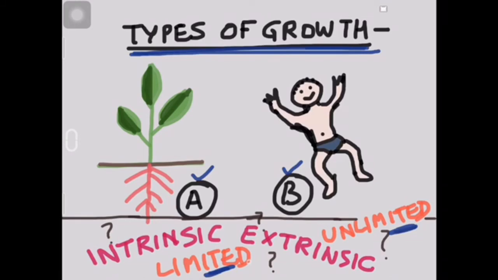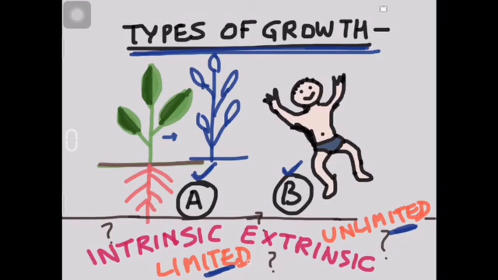Let us come back to A and B. This is a plant. Does it show growth? Yes, it is a living being and it will show growth. It increases in height gradually with years. The roots also. The child, the infant, will it grow? Yes, it will finally grow into an adult.